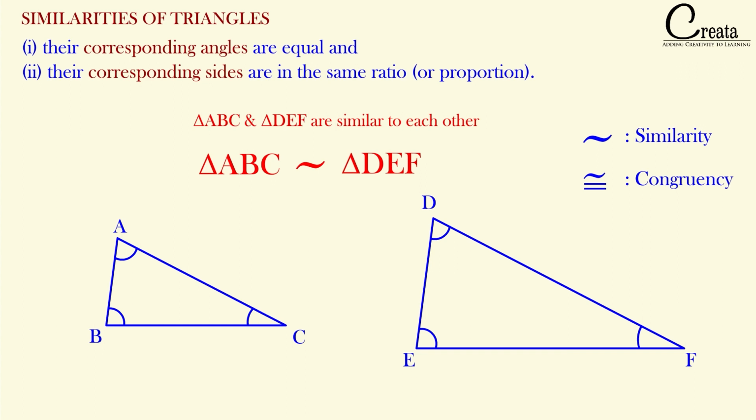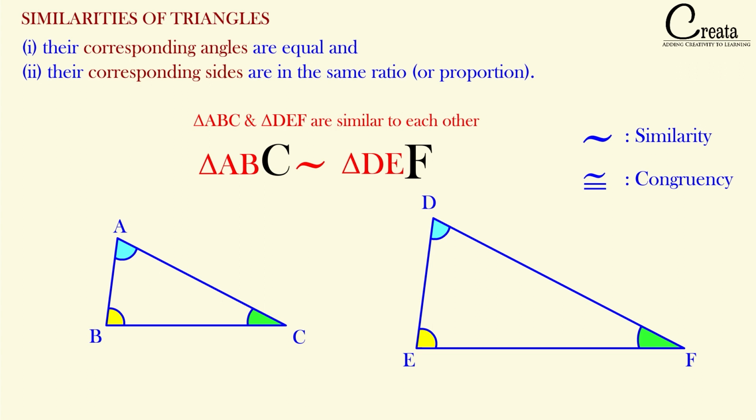So here ABC is similar to DEF, this is the symbol, and the order of A, B, C and D, E, F is also very important. Here A matches with D, B matches with E and C matches with F. It means A and D are corresponding angles, B and E are also corresponding angles, and C and F are also corresponding angles.